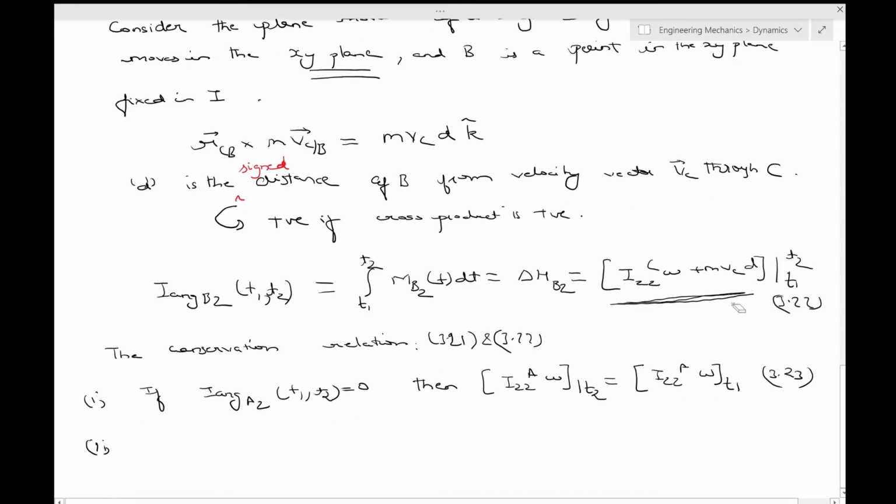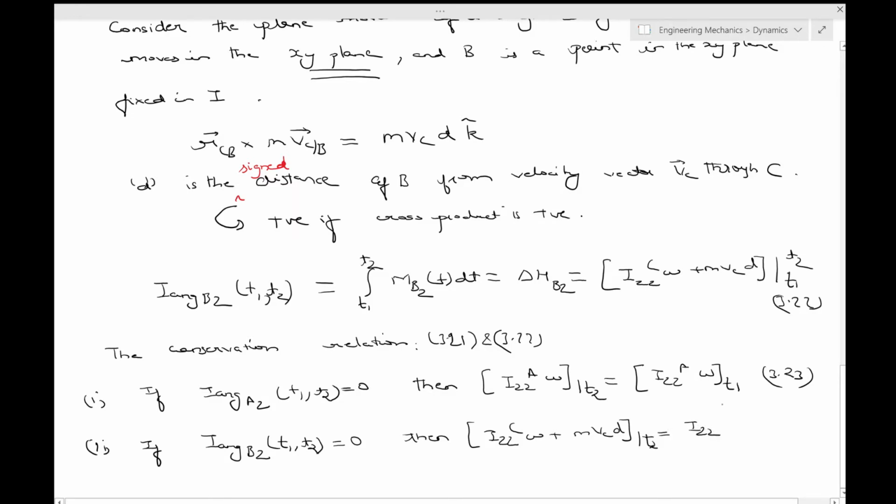So if my angular impulse B_Z from T1 to T2 is equal to 0, then I_ZZ C omega plus m v_C t at T2 equals I_ZZ C omega plus m v_C t at T1.